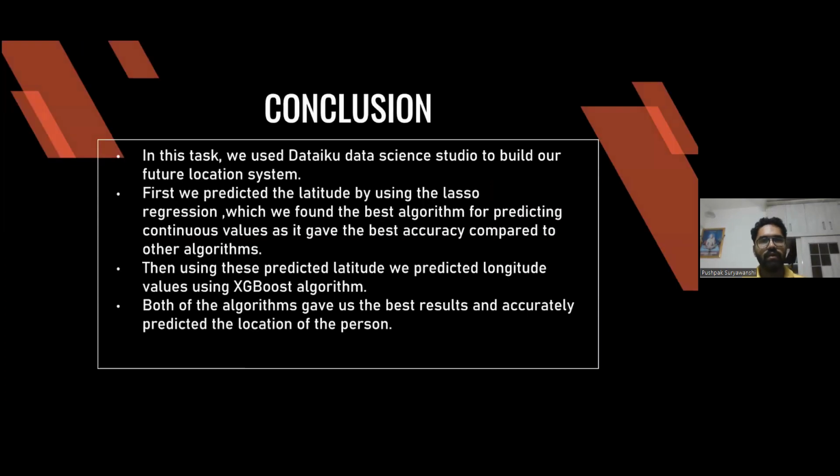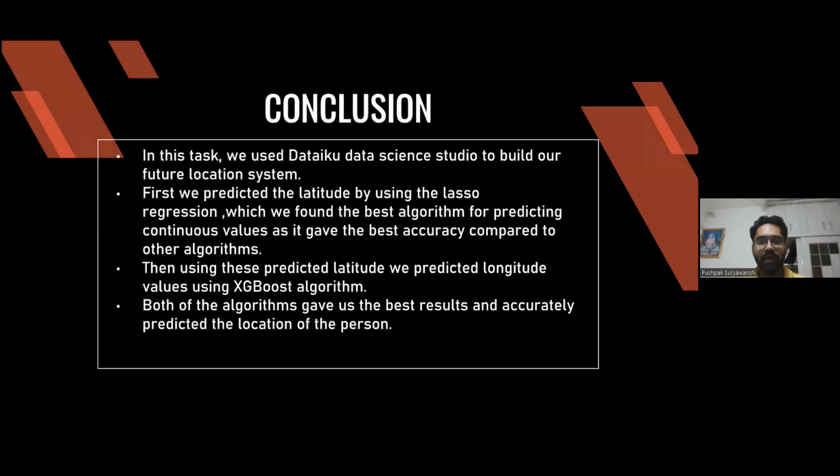So, conclusion. In this task, we used the Dataiku data science studio to build our future location prediction system. Firstly, we predicted the latitude using lasso regression, which we found the best algorithm for predicting continuous values.